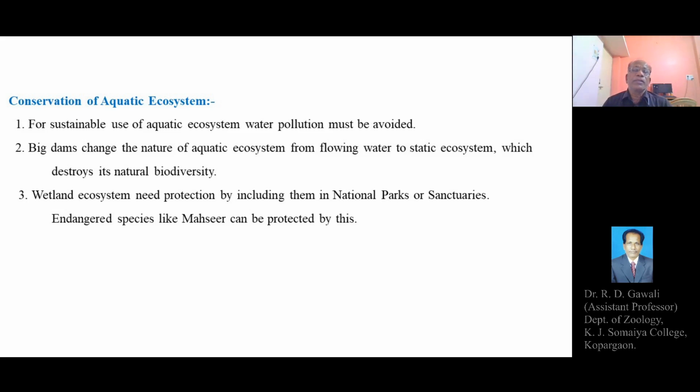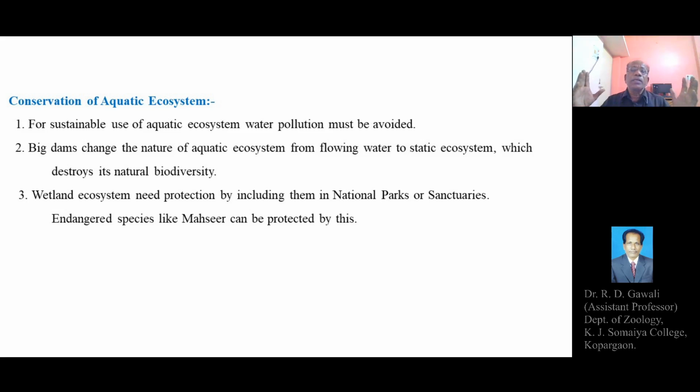Then, big dams change the natural aquatic ecosystems from flowing water to a static ecosystem, which destroys its natural biodiversity. Simply, a transformation of the river, for example the rivers or streams, can be transformed into big dams, and this will result in a change of the natural aquatic resource or ecosystem.